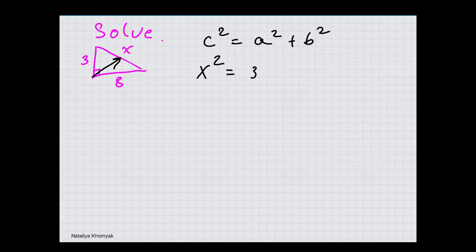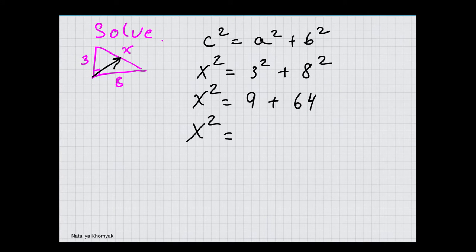Now we have 3 to the second plus 8 to the second. X to the second equals 9 plus 64. So x squared gives us the sum of 9 and 64, which is 73.